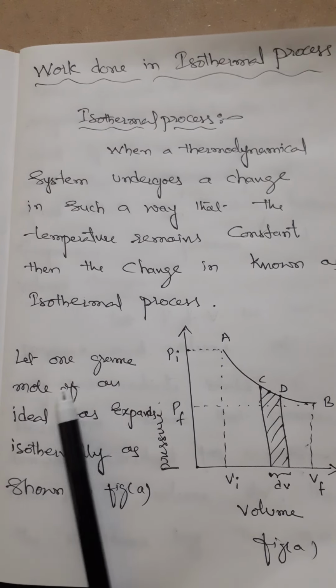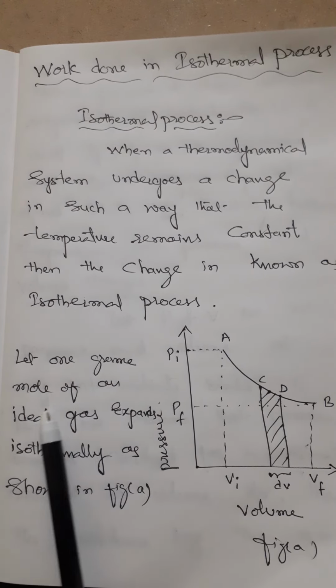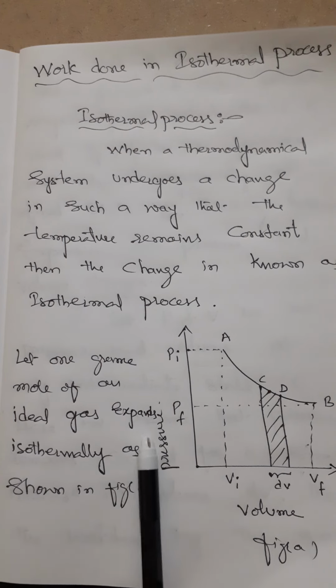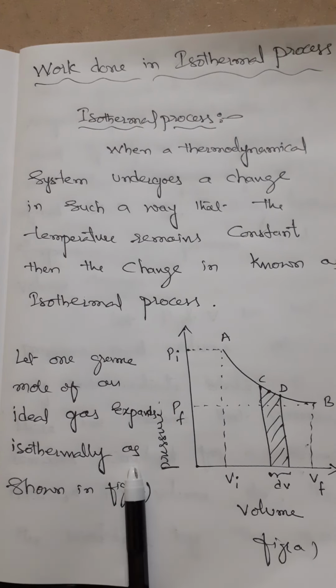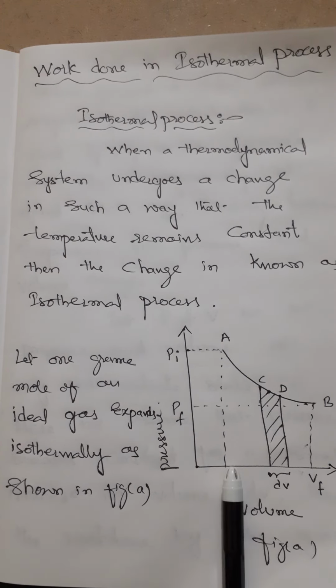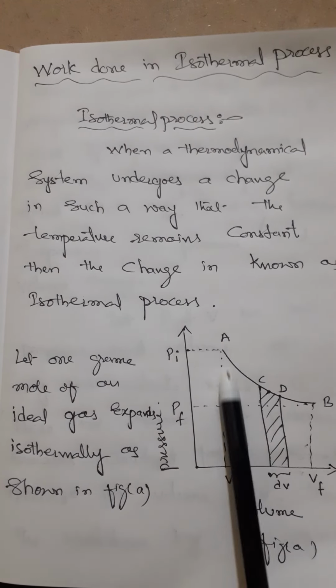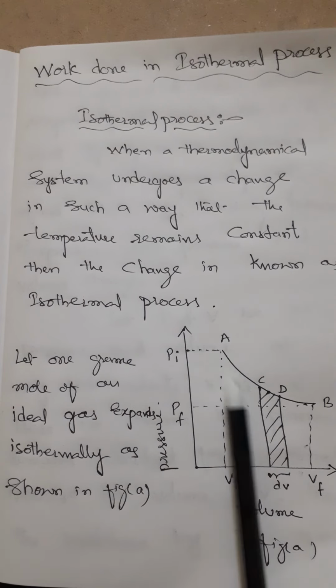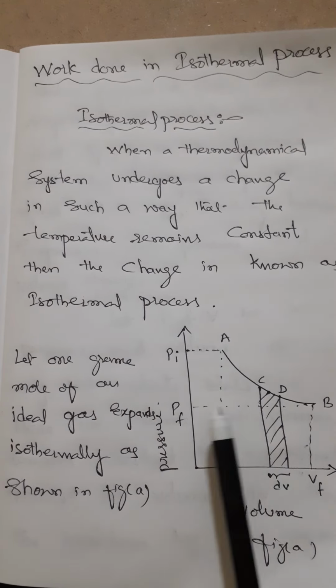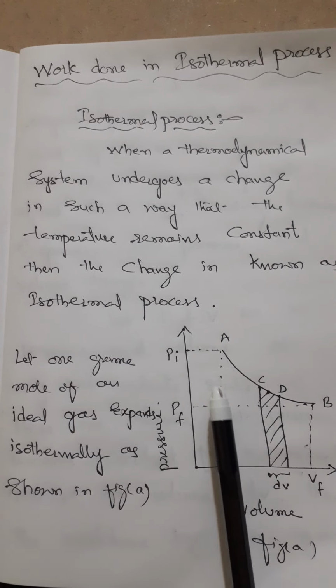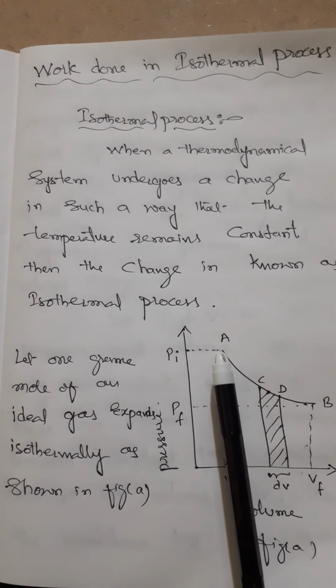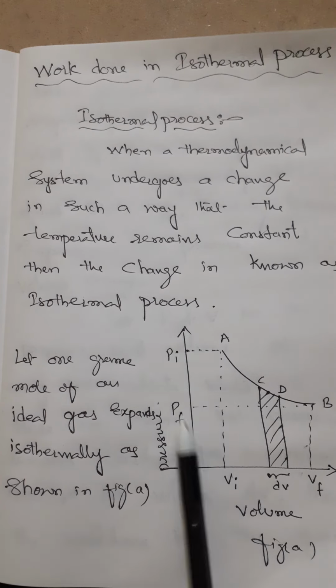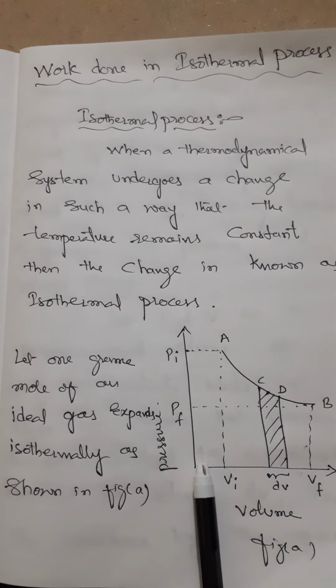So let us consider 1 gram mole of an ideal gas which expands isothermally as shown in the figure. Initially, in this total process we are considering temperature remains constant. When temperature remains constant, the initial state is represented by A. This particular diagram is known as the indicator diagram.